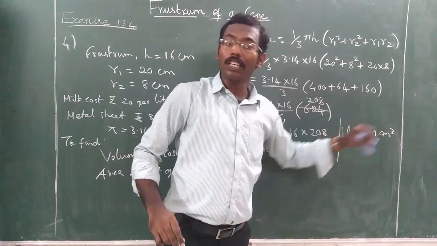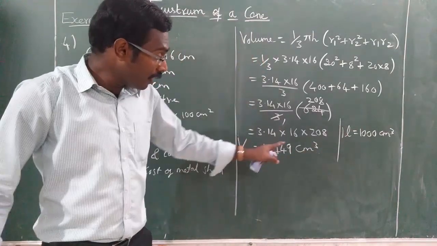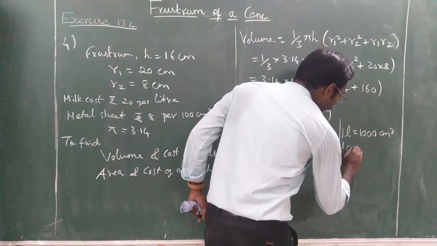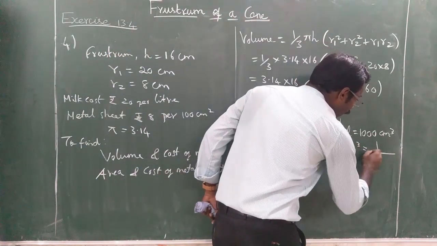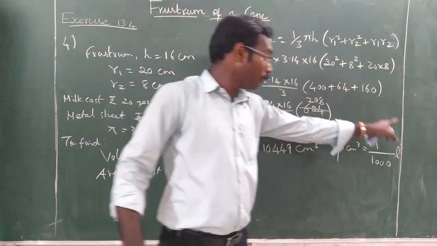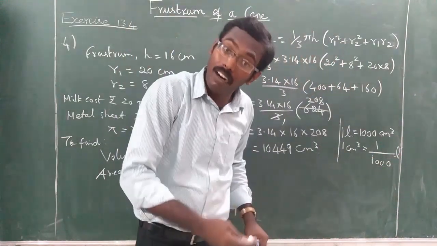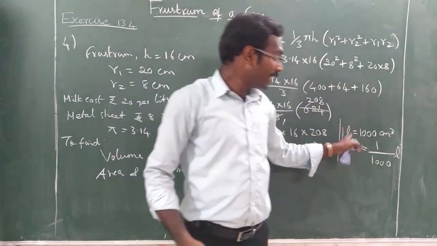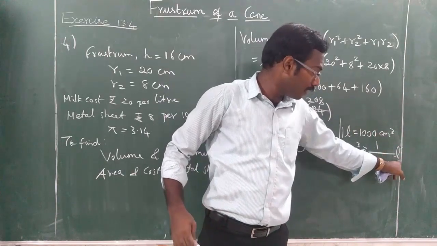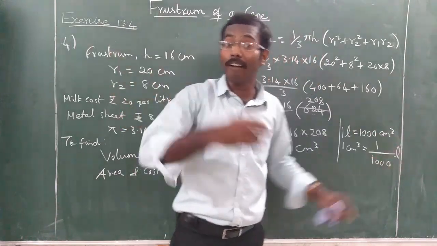Here we have to convert centimeter cube into liter. Therefore, 1 centimeter cube is equal to 1 by 1000 liter. So if you want to convert centimeter cube into liter, you have to divide by 1000. Liter to centimeter cube means multiply by 1000. Centimeter cube to liter means you have to divide by 1000.